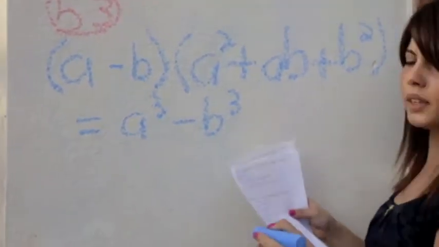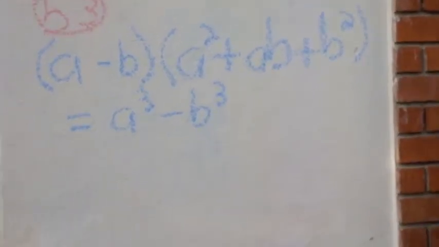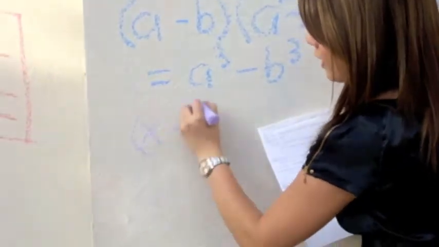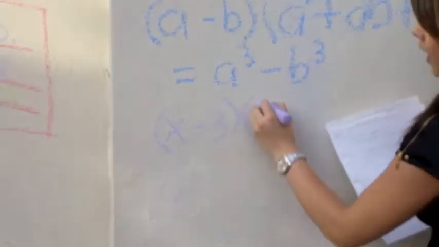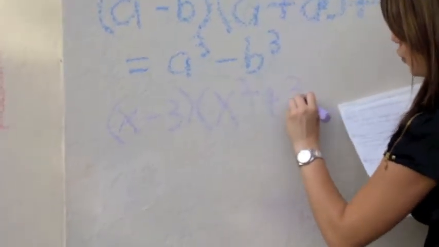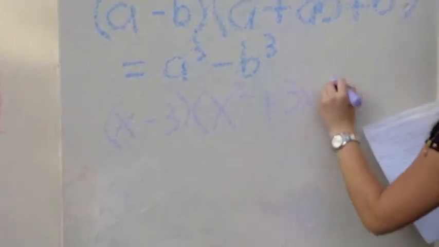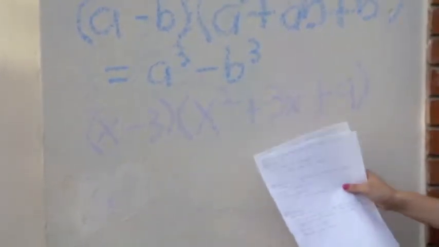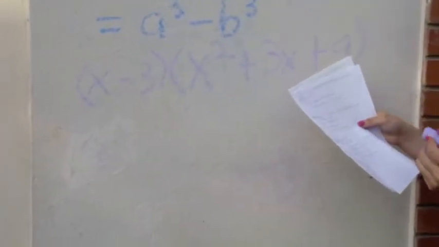Here the problem is (x minus 3) times (x squared plus 3x plus 9). So here we can see that this problem matches with the formula.